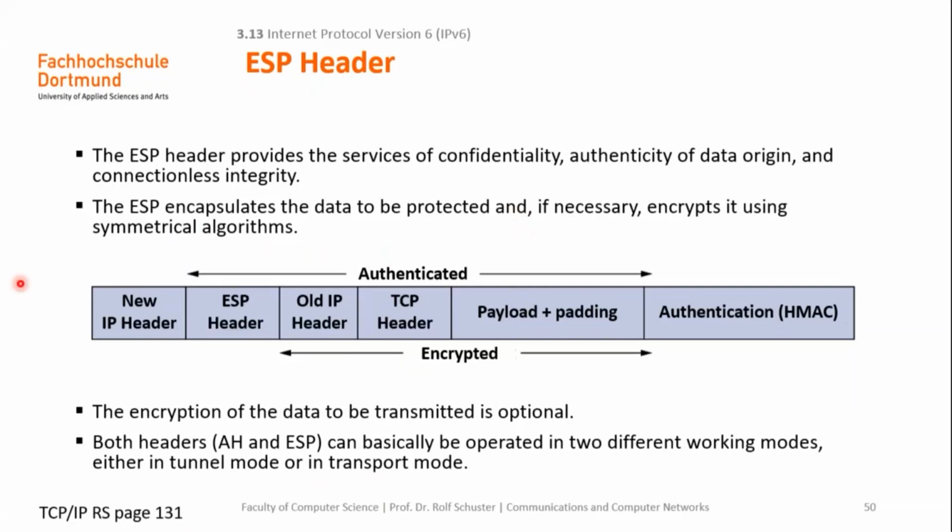Then, in this case, the next header of the IP header points to the ESP header, and for instance, in the ESP header, the next header points to the old IP header, that is the original IP header of the datagram, and in that way we could encrypt, we could protect all the information of the original packet or the original datagram, including not only the payload of the datagram but the header of the datagram.